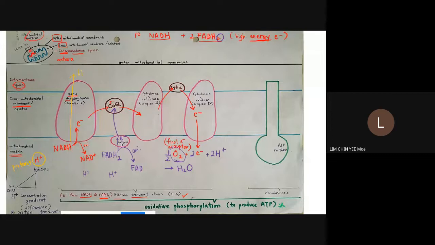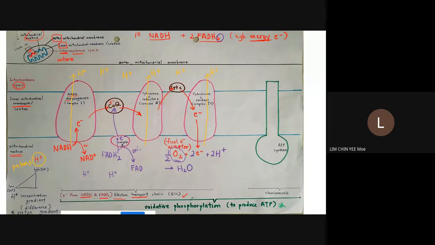And kalau you perasan, cara yang Miss lukis memang complex 1, 3, and 4 sahaja yang akan pump the hydrogen from the mitochondrial matrix to the intermembrane space. Complex 2 tak terlibat. Hanya 1, 3, and 4 je yang terlibat dalam pumping the protons from the mitochondrial matrix to the intermembrane space.